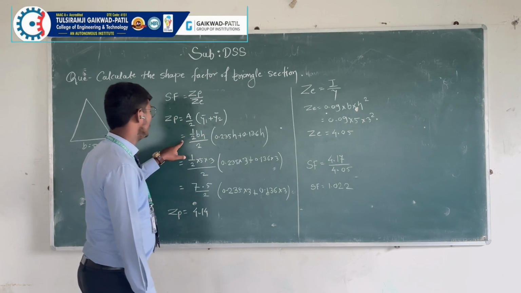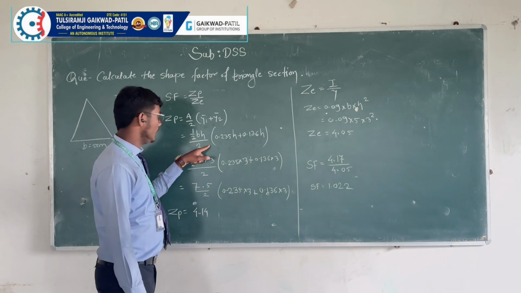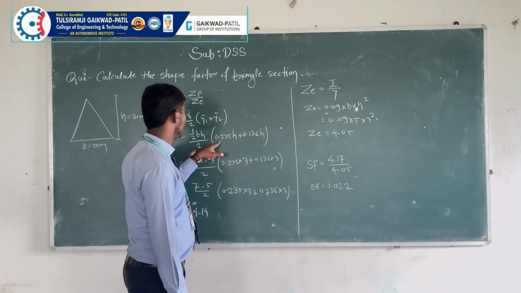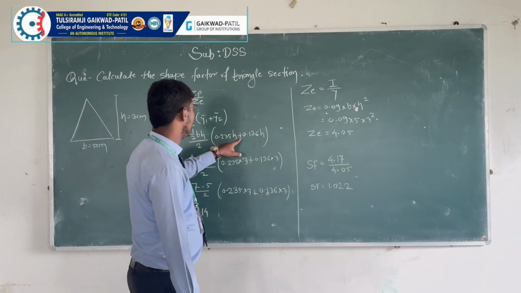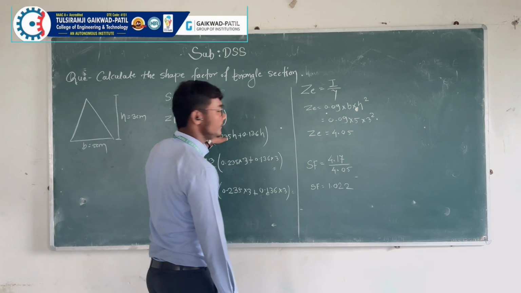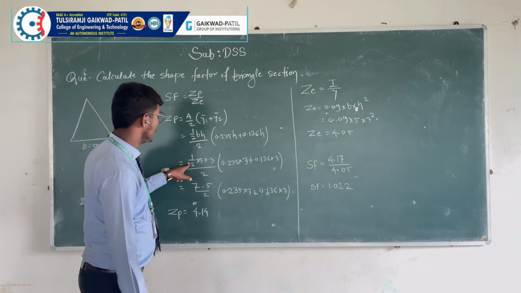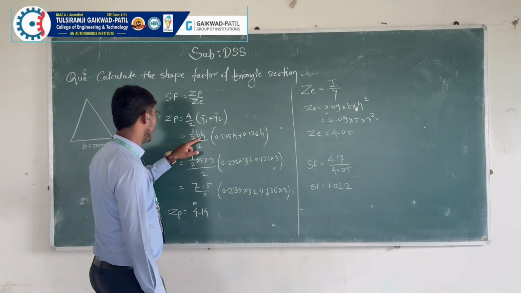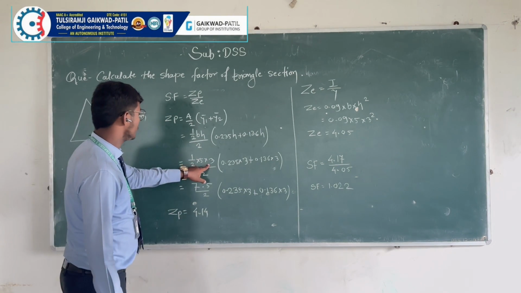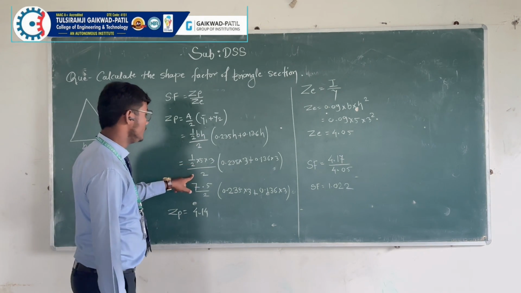Then it is equal to 1 divided by 2 into b into h divided by 2, then bracket 0.235 times h is the y1 bar, then plus 0.136 h is the y2 bar. Then 1 divided by 2 into b, where b is 5 centimeter, then into h, where height is 3 centimeter, divided by 2.